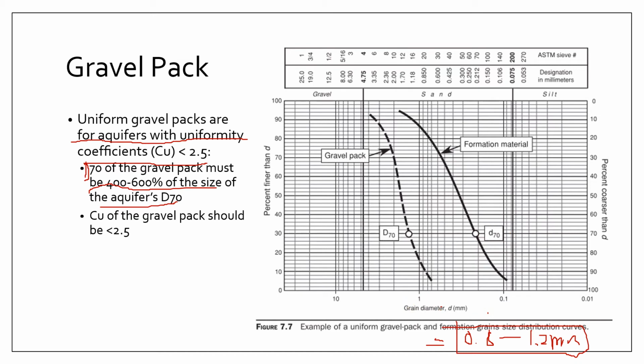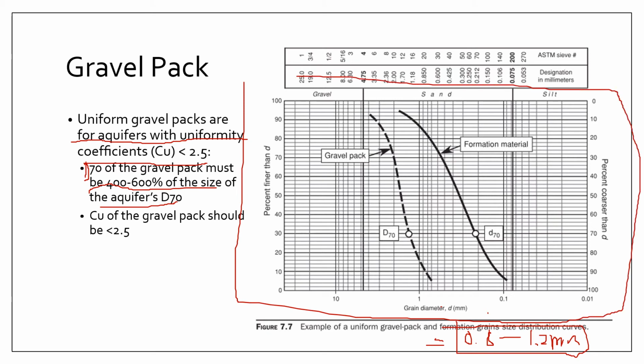So basically, this is how you get your D70, D10, D30. All you have to do is look at your soil gradation curves. So this y-axis on your right side is your percent passing, and this axis on your left side is your percent retained.